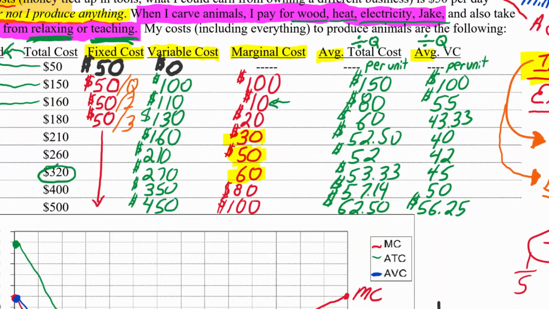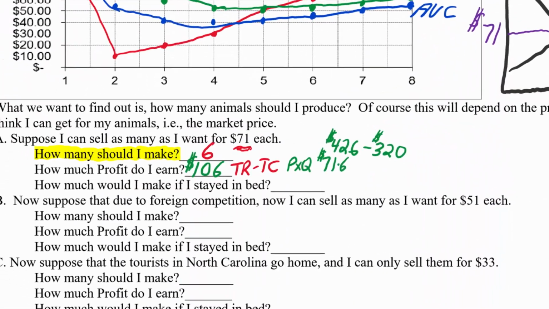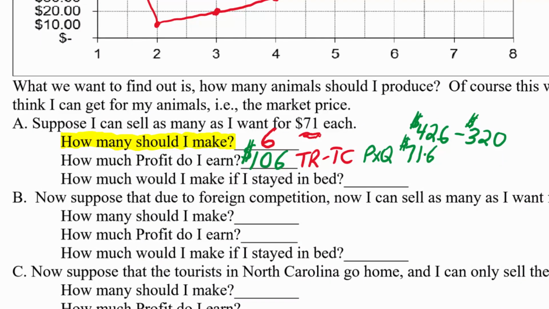So if that's $25, when we say that this person is making $106 in profit, what we're really saying is this is extra profit over and above, on top of that minimum amount they need to make. So this $106 is really all gravy.